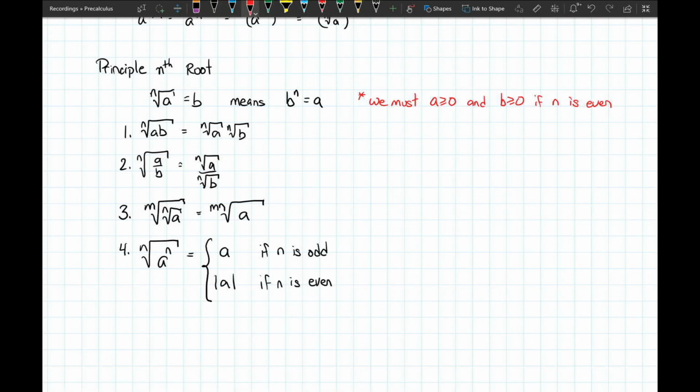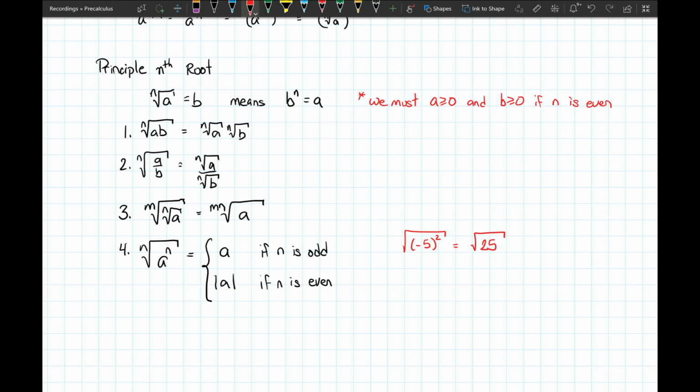Just for a moment, consider what happens if I take -5, I square it, and then I square root that. Now remember, for square roots, you don't have to write the 2 on the edge of the root. It's implied that if you don't have a number on the root, it's a square root. Okay, well, -5 squared by definition is just -5 times -5, which equals 25.